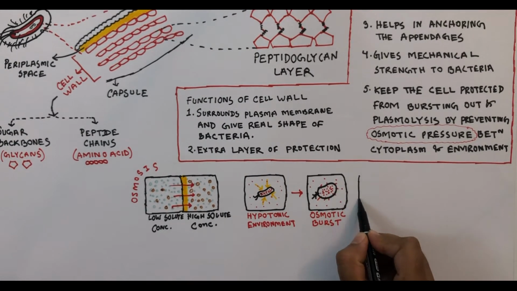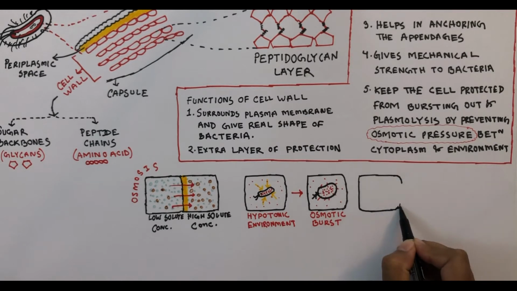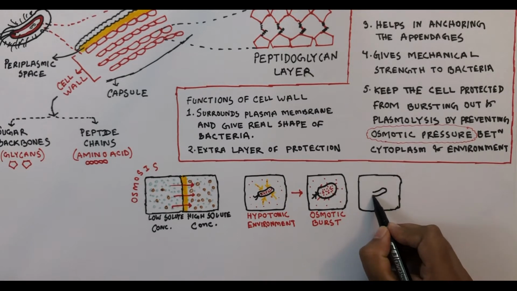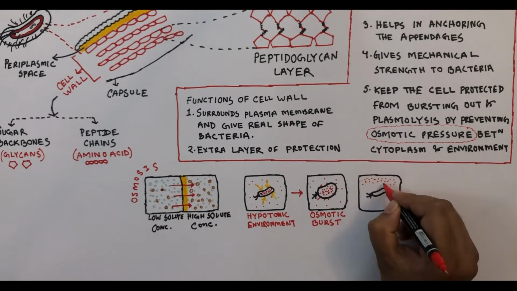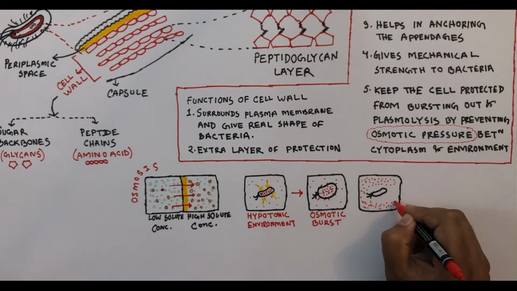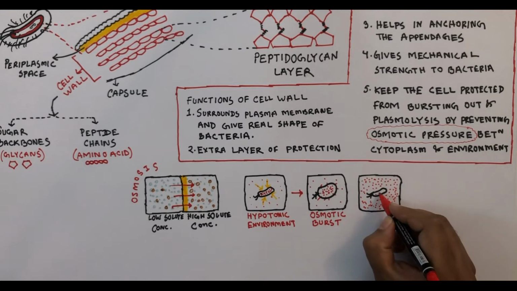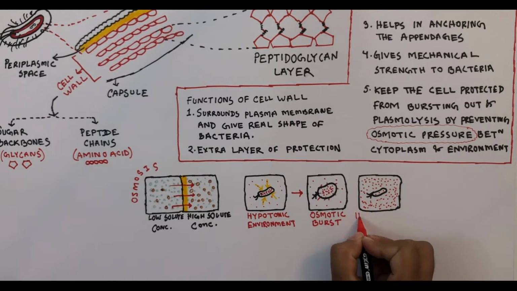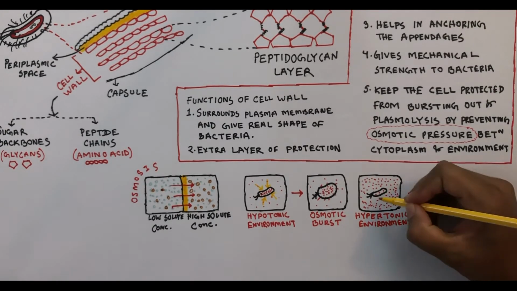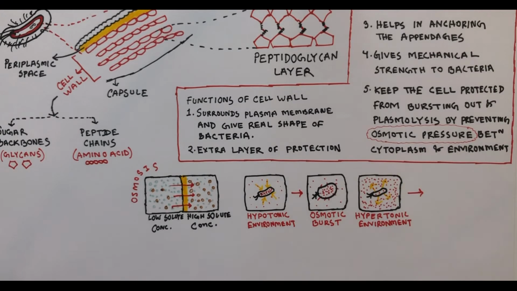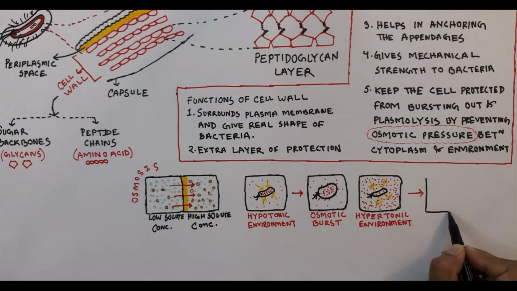Now, in some conditions, bacteria may be present in hyperosmotic environment where the surrounding fluid environment will be more concentrated than the bacterial cytoplasm. So when bacteria are present in hypertonic environment, due to osmosis, bacteria will release water from its cell cytoplasm to the extracellular area, and as a result, bacteria will start shrinking.